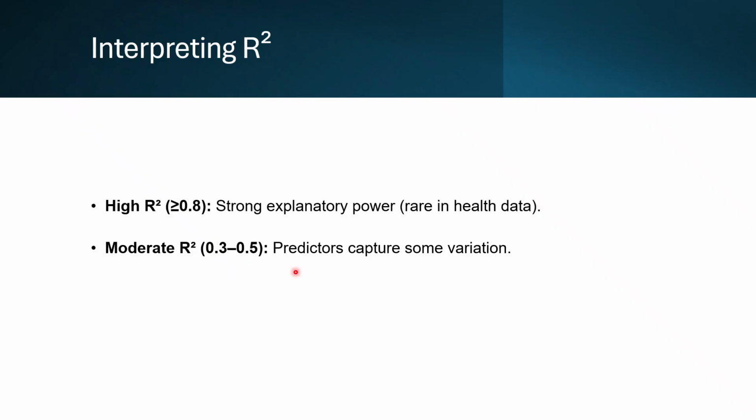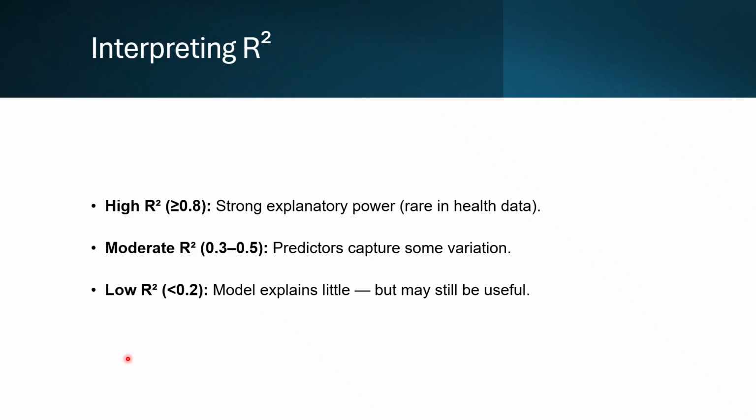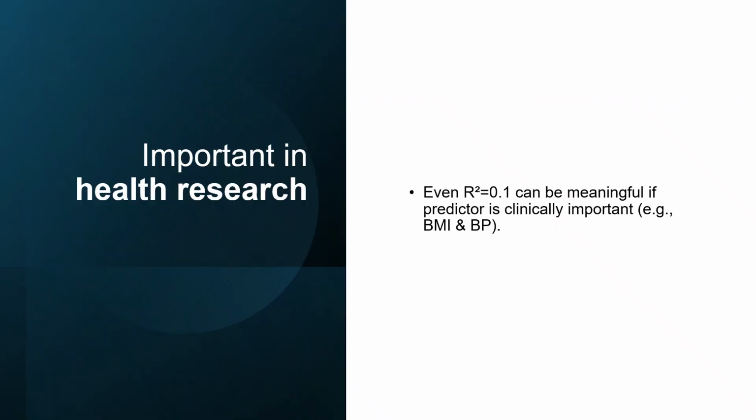It indicates a small variation captured by the predictors. And an R square which is less than 0.2 or 20% explains the model very little, but it may still be useful depending on the context. Even an R square of 0.1 can be meaningful in the health sector if the predictor is clinically important.